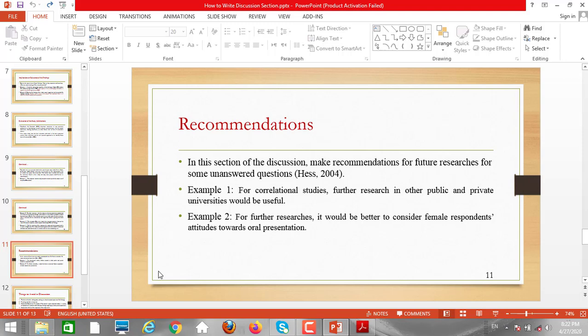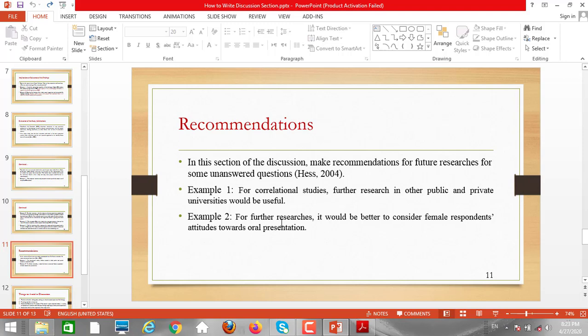For example, for correlational studies, further research in public or in private universities would be useful. And if you considered in your study only male respondents or participants, you can recommend that other researchers, in the future, have to consider female respondents as well, or you can suggest both genders.